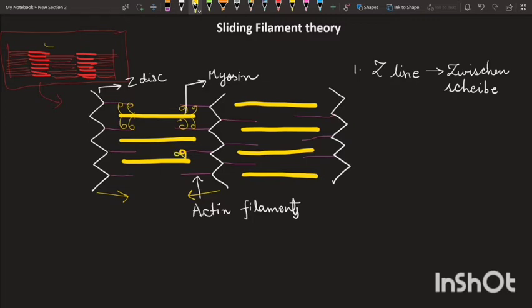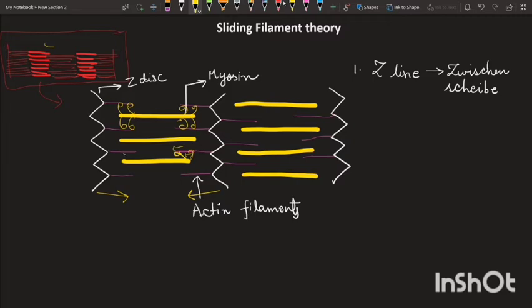So this is the new position of the myosin head. Initially the myosin head attaches at a 90 degree position like this, and then it goes to 45 degrees. That means it is going to pull the actin towards the inside.